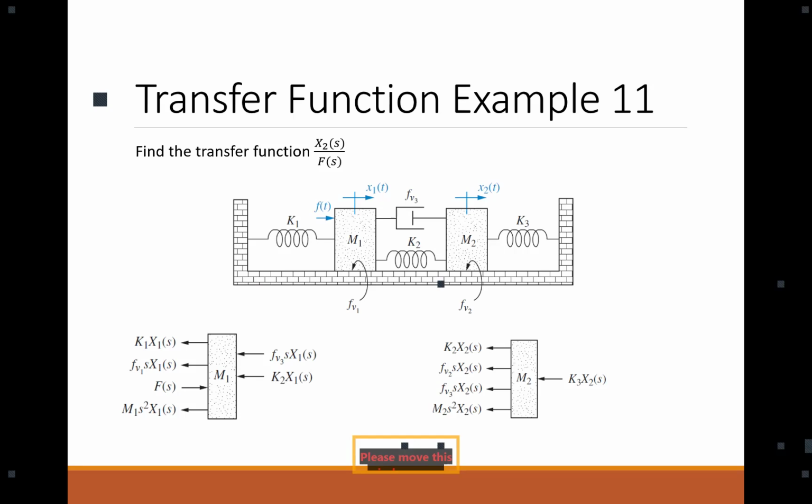You have two movements, X1 and X2. So similar to the previous one, now we have a vector of X's and a vector of the forces and the system. Now, to find that, similar to the KVL, conservation of the voltage, we run a similar conservation of the force for each of those masses.